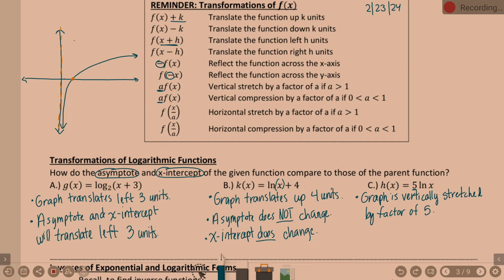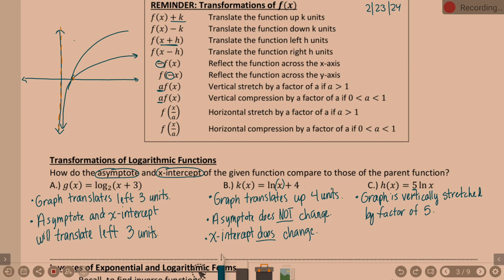Think about what a vertical stretch does to the graph. Is that going to change the asymptote and the x-intercept? Let's talk asymptote. Is it going to change my asymptote? No. Because remember, vertical stretch will just mean taking your y values and multiplying them by 5. So this graph up here is going to go more up there.